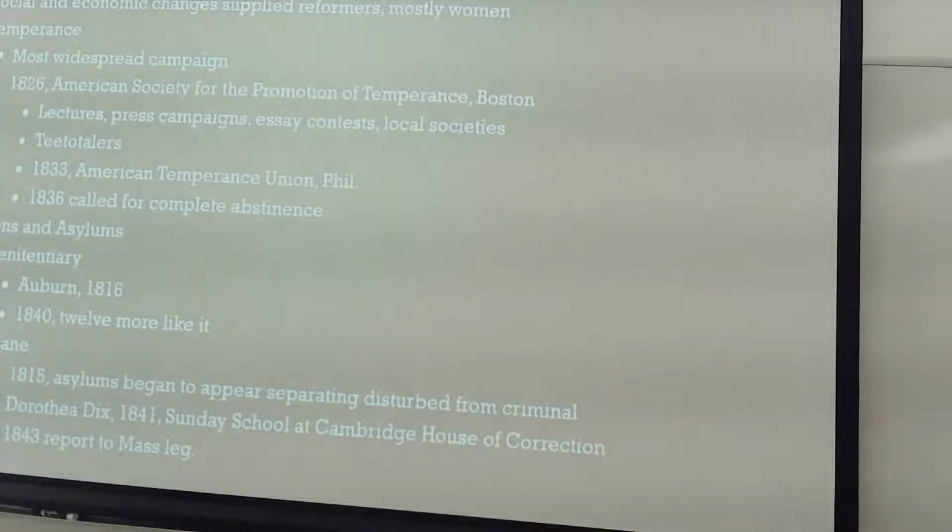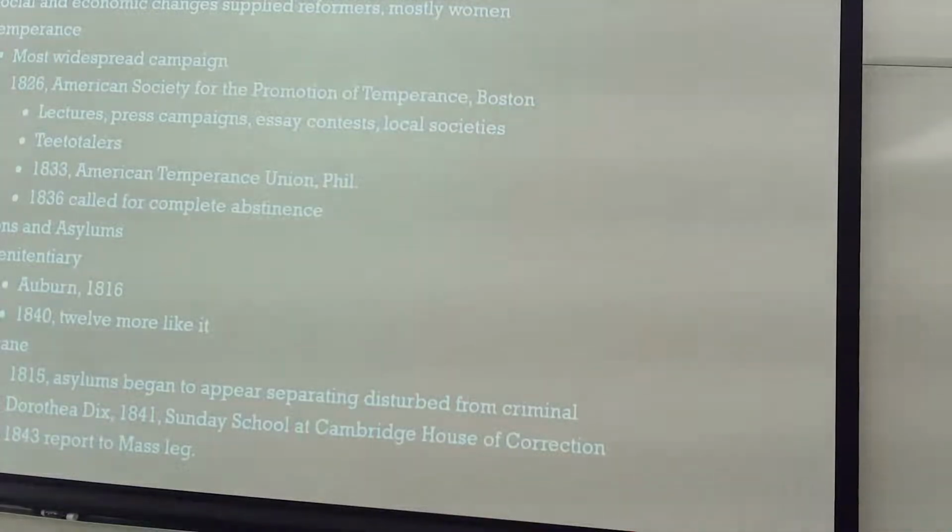At the same time, they start removing the debtors and the insane from prisons. The insane were a real issue. The first insane asylum was really the Pennsylvania Hospital in 1751, but most people just kept their insane relatives home. The joke is, in the South, we keep them in the parlor, in the North, they keep them in the attic.